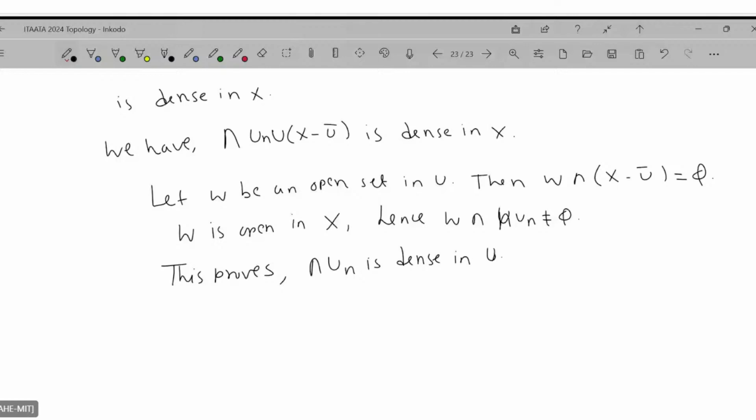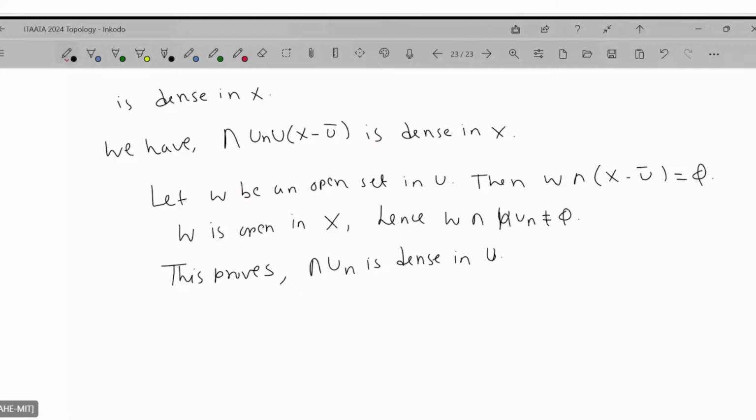This is fine. W is an open set in U. Then obviously W cannot intersect X minus U closure, because W is a subset of U and U is contained in U closure. So W intersection this is an empty set, but W is open in U and U is open in X, so W is open in X. So W must intersect, because it is dense.